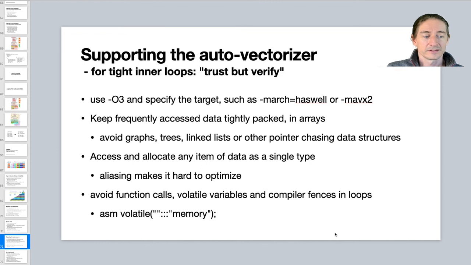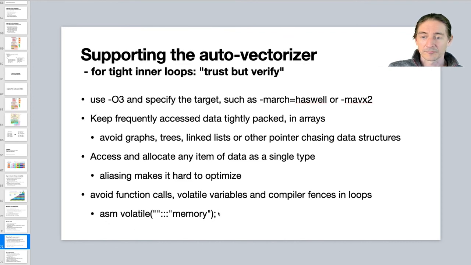You don't want it, unless you need it in order to preserve correct execution, like to prevent reordering on purpose. You don't want it in your final code. But for performance debugging, performance diagnostics, a compiler fence can be very handy to force the compiler to do what you wanted it to do.